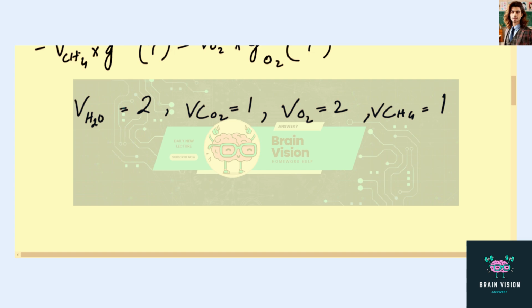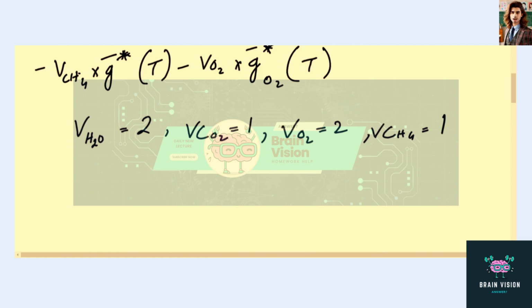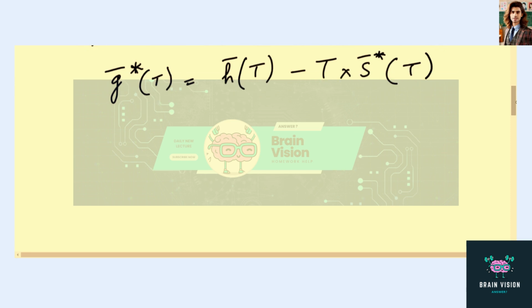And by using the definition of the Gibbs function at 1 atm pressure, G bar asterisk is equal to H bar of T minus T into S bar asterisk of T.